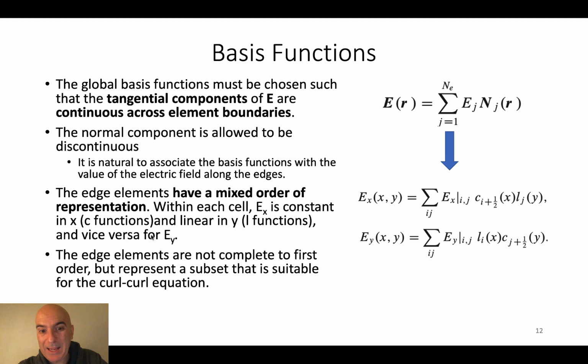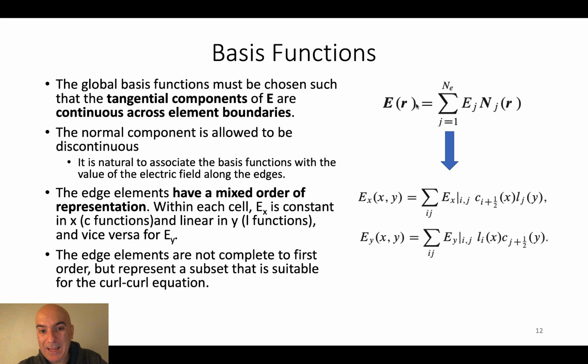And for the y component of the electric field it is the opposite. So we're going to have a linear function depending on x, and constant in the y direction.